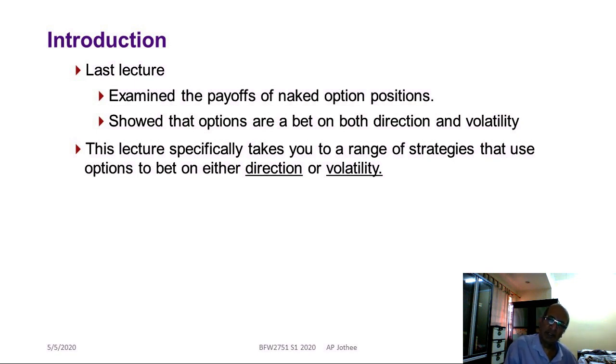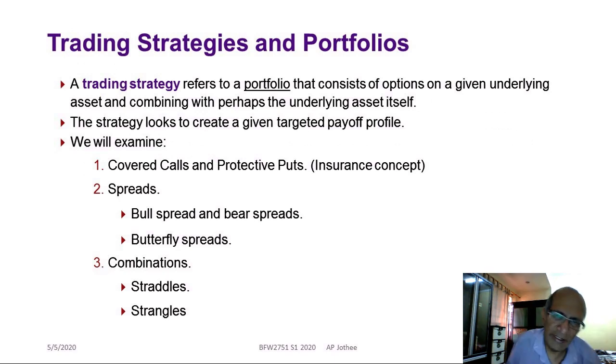Later you will learn there are two types of volatility, the basic volatility and the implied volatility. In this lecture specifically, we will learn a range of trading strategies that use options to bet either on direction or volatility or combined. Interesting, is it? Okay, let us go into trading strategies and portfolios.